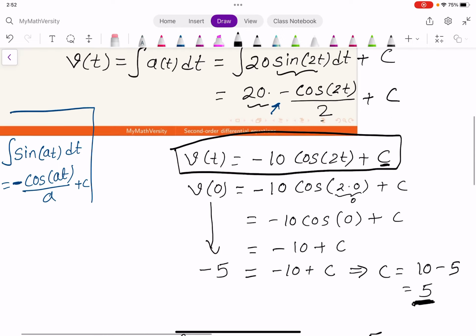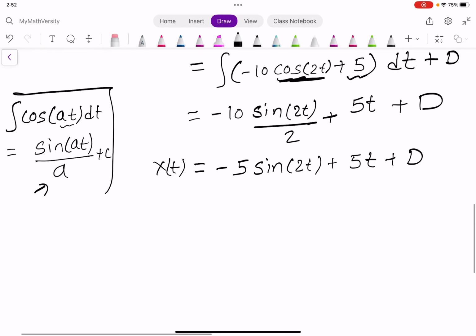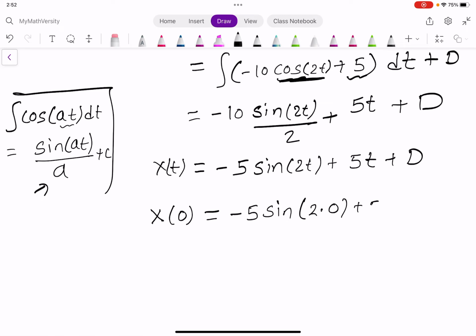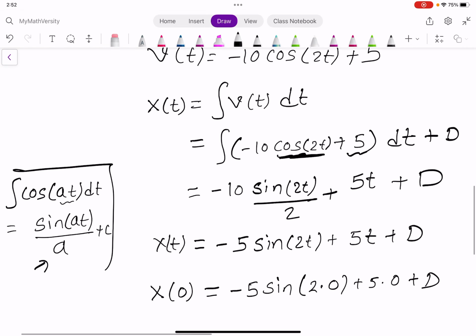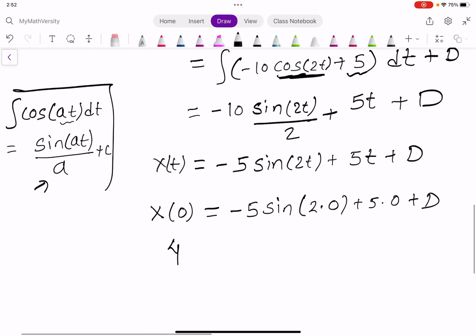x at 0 is 4, so we apply that. So that means now if we evaluate this at 0, this will be equal to negative 5 times sine, replace t by 0, plus 5 times 0 plus d, but x at 0 is given as 4, so we substitute that on the left hand side.